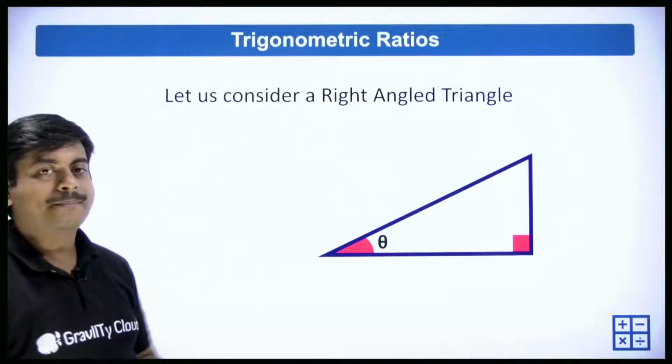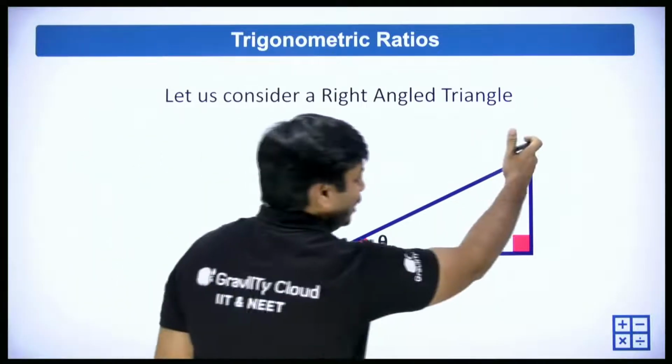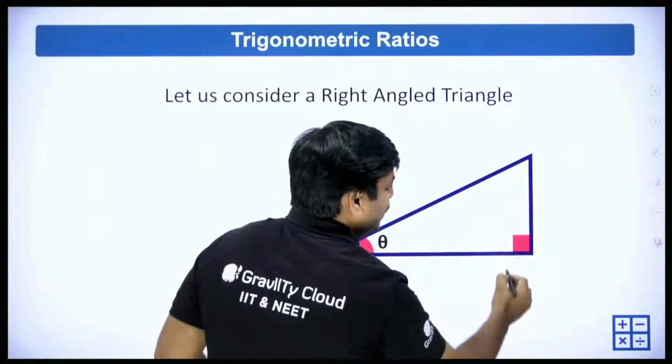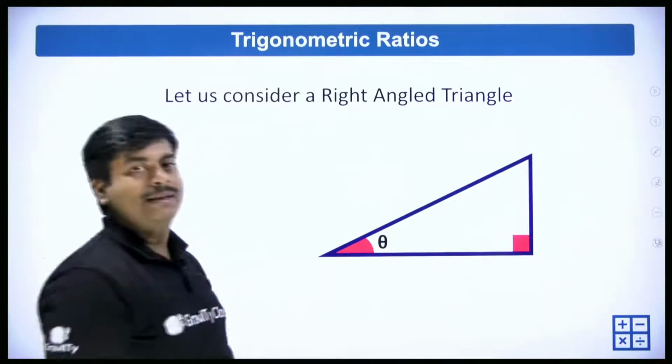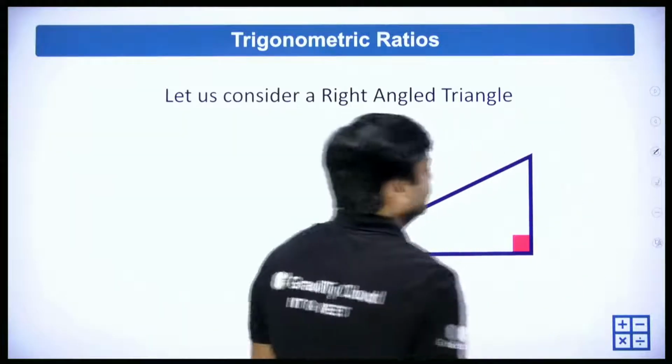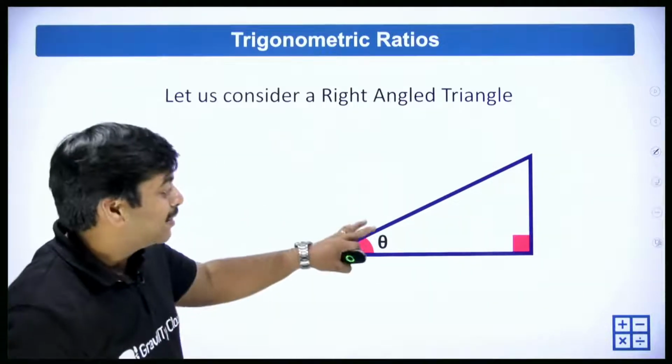You can see here, the exact vertical line and horizontal line represent that this angle is 90 degrees, correct? It is a right angle triangle.